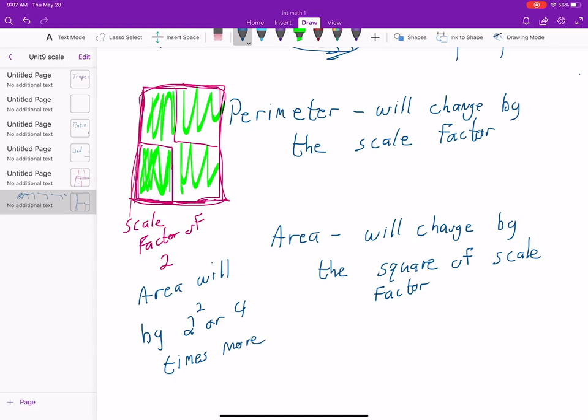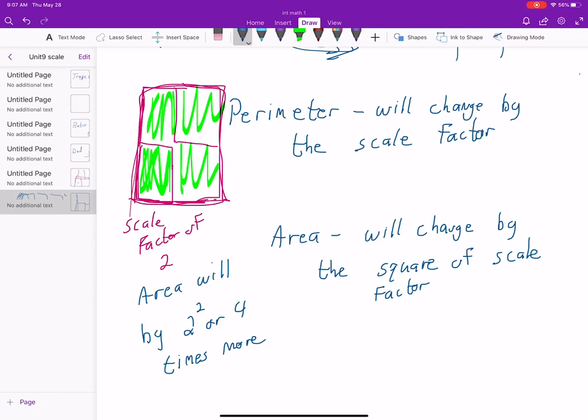And this is a difficult concept for a lot of people to understand. When they think that a shape is going to double, they think that, oh, the area automatically is going to double. No, the area doesn't automatically double. The area goes up by that doubling squared. If you're doubling, then it's going to be 4 times.